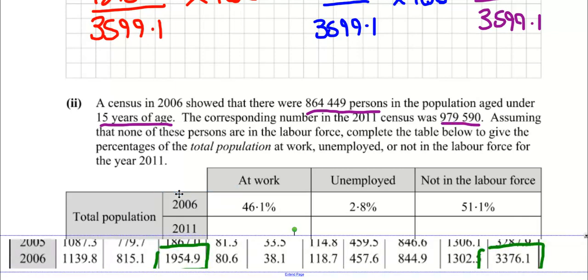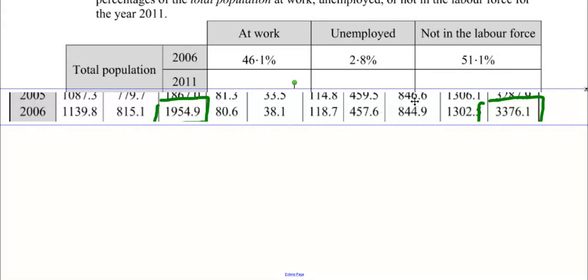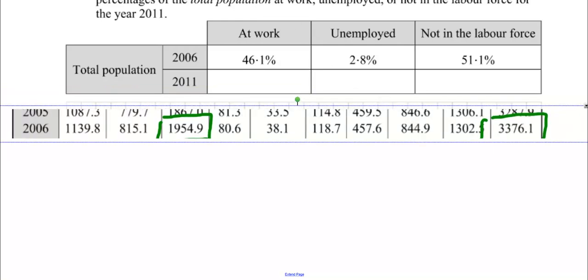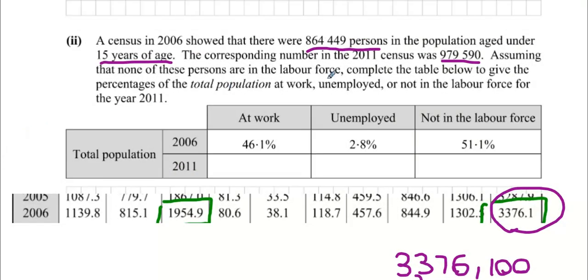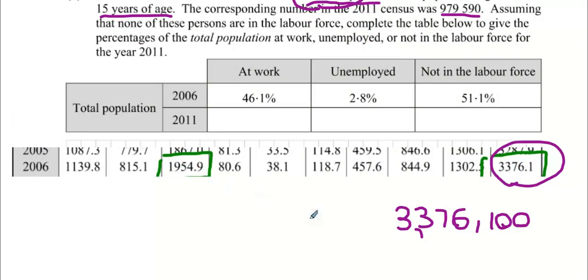Okay, so the first thing I'm going to do with the 2006 data is manipulate the total population. The total population is this one here. That was 3,376,100. However, I think I should add on the lads who were under 15. So how many were under 15? This much here, wasn't it? So it's 864,449.